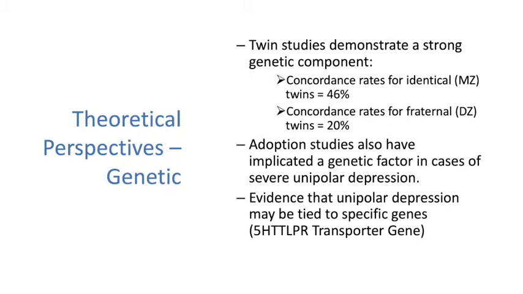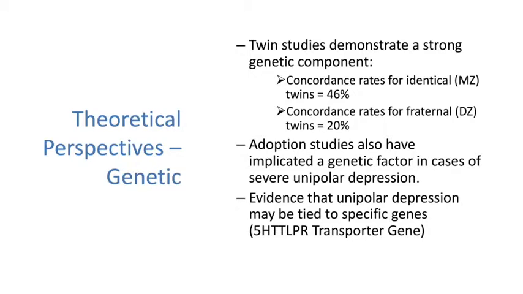And in fact, some adoption studies are confirming this role of genes in the development of unipolar depression, especially amongst severe forms of unipolar depression. So it looks like there's more of a heavier genetic component, especially when we're looking at unipolar severe forms of depression.